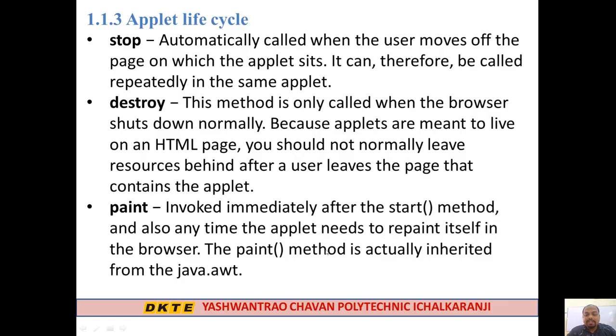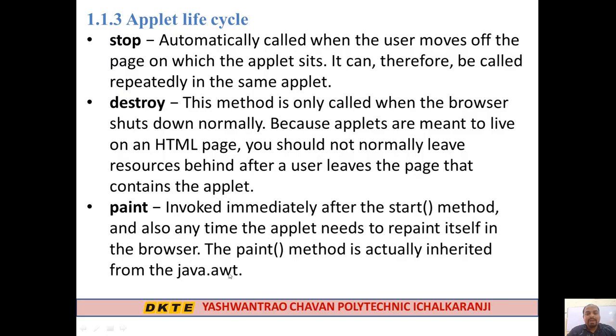The paint method is actually inherited from the java.awt package. Be careful about this package: here the package is small awt. As we know, a package name always starts with a small letter and a class name starts with a capital. So capital AWT is a class and small awt is a package.